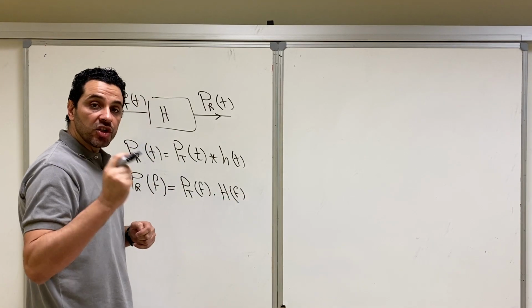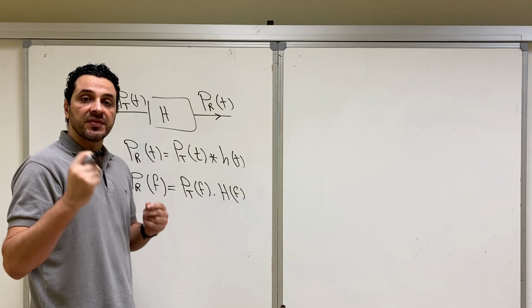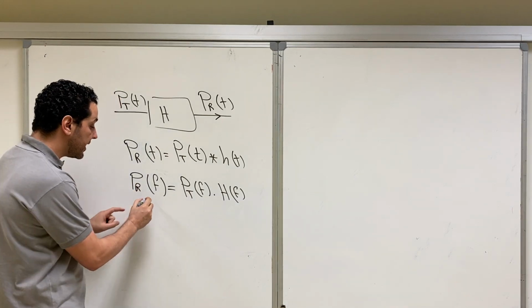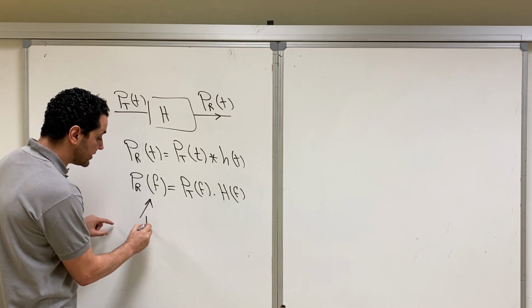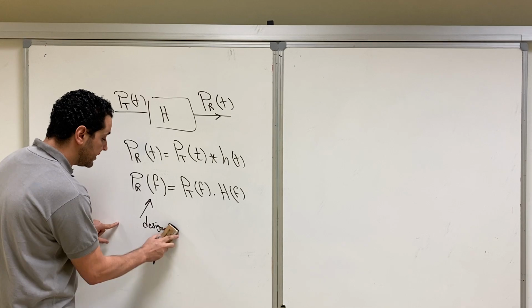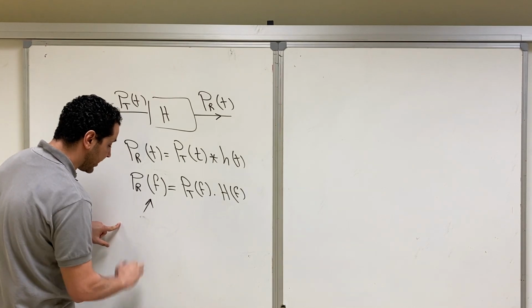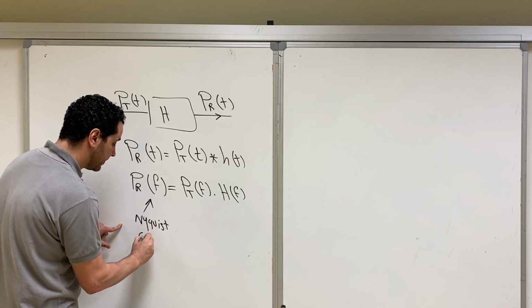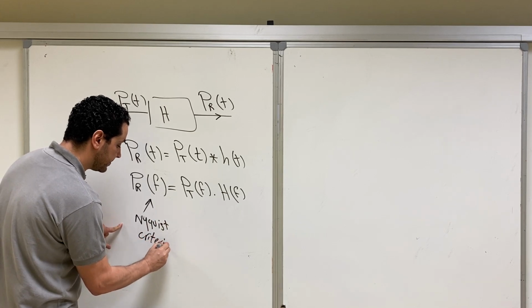The ones that we should design so that they satisfy Nyquist first criterion or Nyquist second criterion are the pulses at the receiver. So these are the Nyquist criteria pulses.